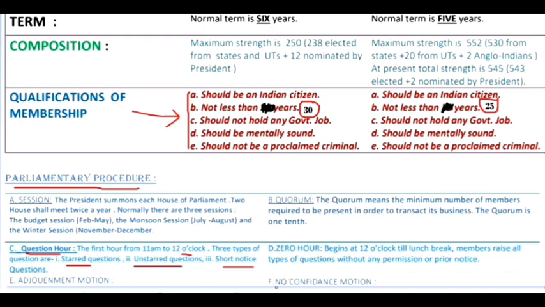So what is adjournment motion? An adjournment motion means a proposal to lay aside all other business and take up a definite matter of urgent importance. Such a motion leads to the interruption of the normal business of the house.